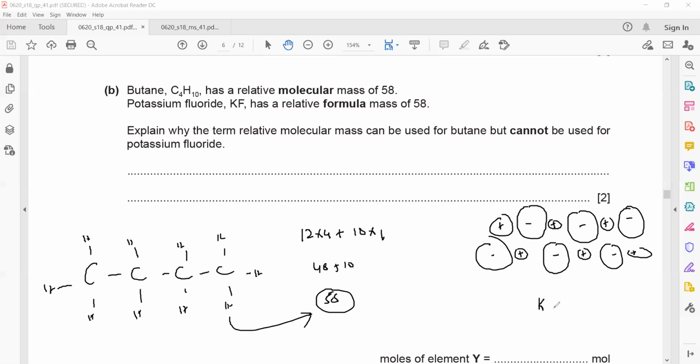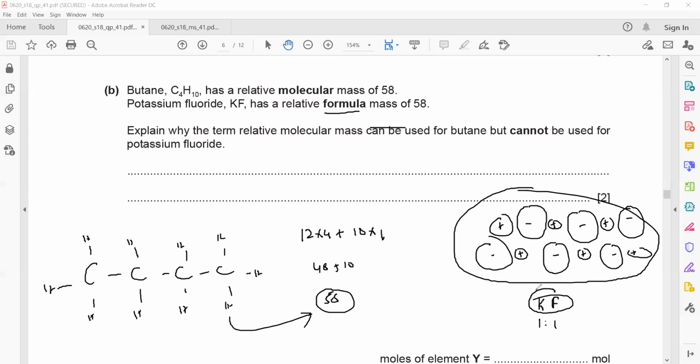The simplest ratio between potassium and fluorine is 1:1. So for an ionic compound, we don't say molecular mass, we use the term formula mass.